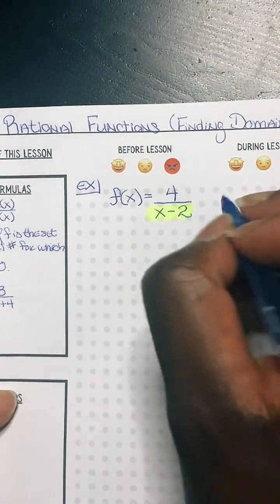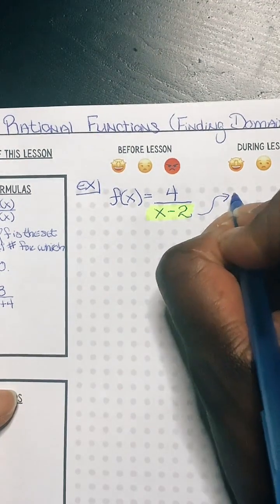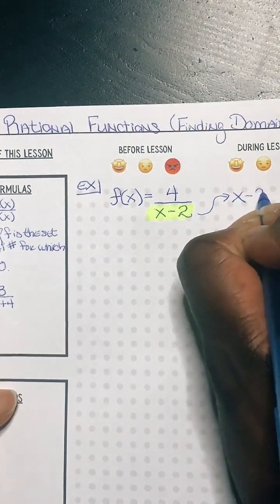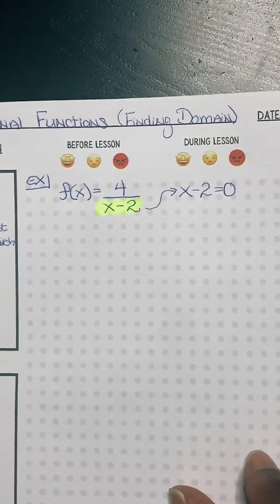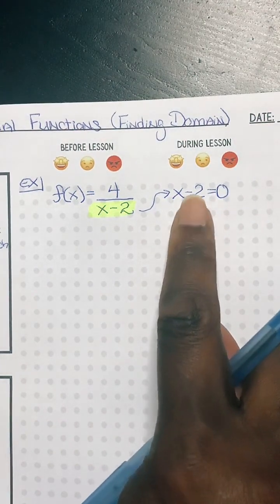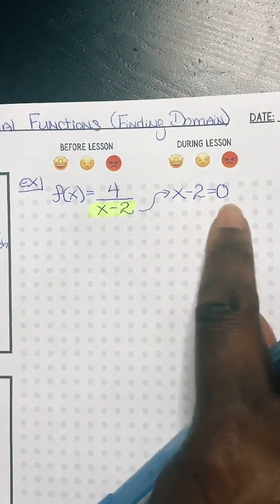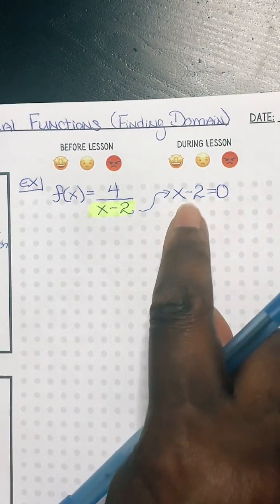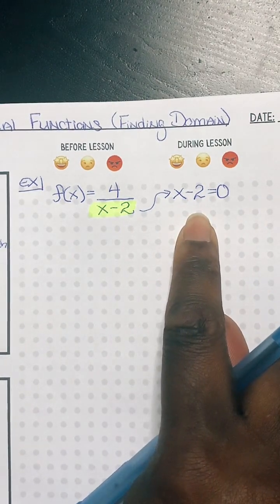So let me take it to the side. I have x minus 2 is equal to 0. I want to know what makes that denominator equal to 0. If I wanted to solve this and get x by itself, what do I need to do first?